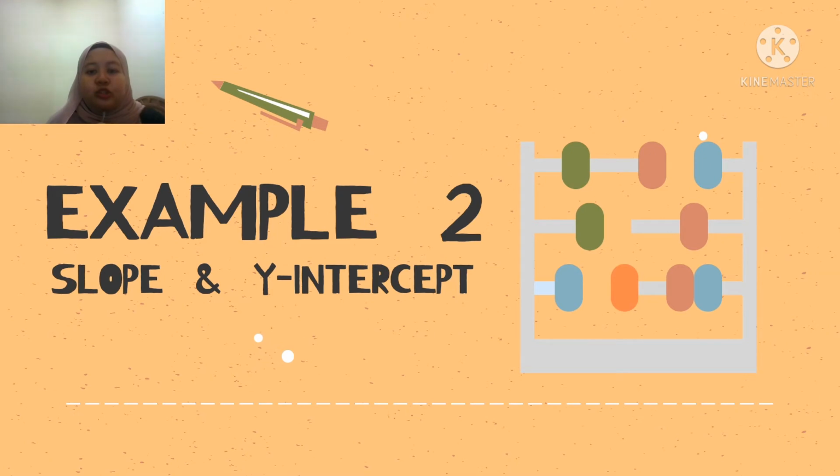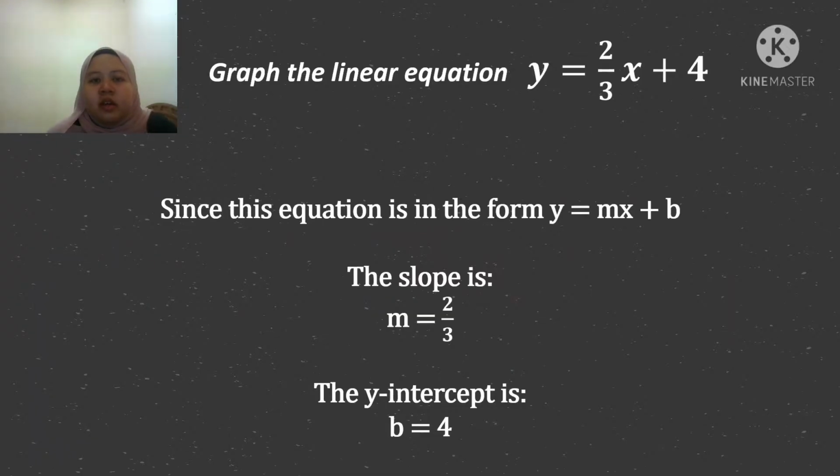Example 2. Use slope and y-intercept. The equation is: graph the linear equation y equals 2 over 3x plus 4. Since this equation is in the form y equals mx plus b, or slope-intercept form, we know the value of the slope and y-intercept.